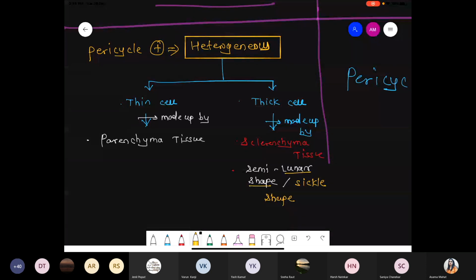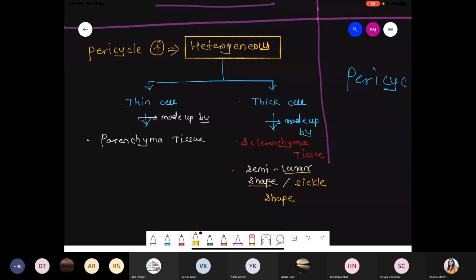So again these are the important points with respect to pericycle. Pericycle is present in case of the dicot stem, while it is totally absent in the monocot stem. Pericycle which is present in dicot is heterogeneous in origin. It consists of thin as well as thick cells. Thin cells are rich in parenchyma tissue, while thick cells are rich in sclerenchyma tissue.